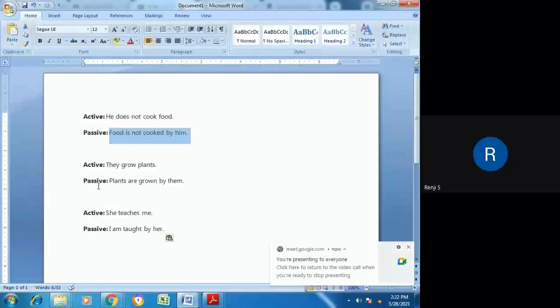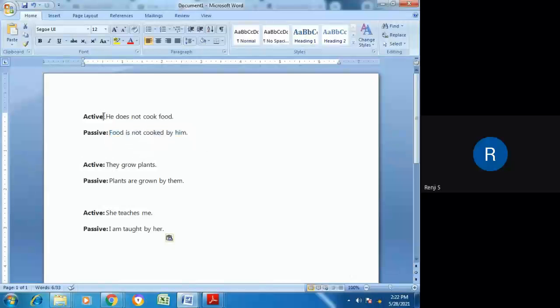The subject goes to the end, and the object comes at the beginning. Cook is the verb. So he does not cook food changes to food is not cooked by him.